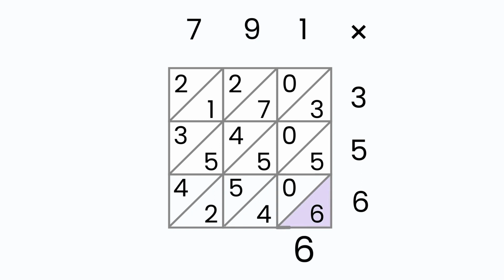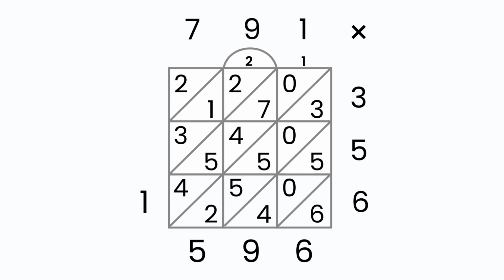Only 6 in the first one. Next is 5 plus 0 plus 4, which is 9. After that is 3 plus 5 plus 5 plus 2, which is 15. So 5 under the column and carry the 1. Next is 1 plus 7 plus 4 plus 5 plus 4, which equals 21.